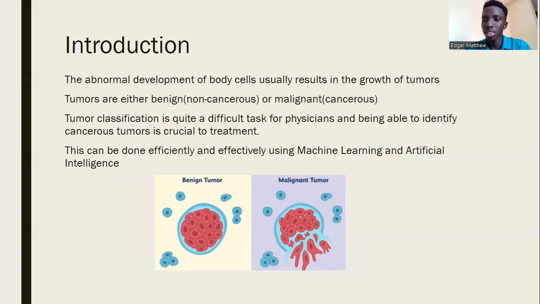So when a tumor develops, it's really necessary for it to be detected as either cancerous or non-cancerous so that the spread and eventual development of it into cancer can be stopped. But most times this detection is not very efficient with normal physicians, and so the use of AI is brought in to make it more effective and efficient.